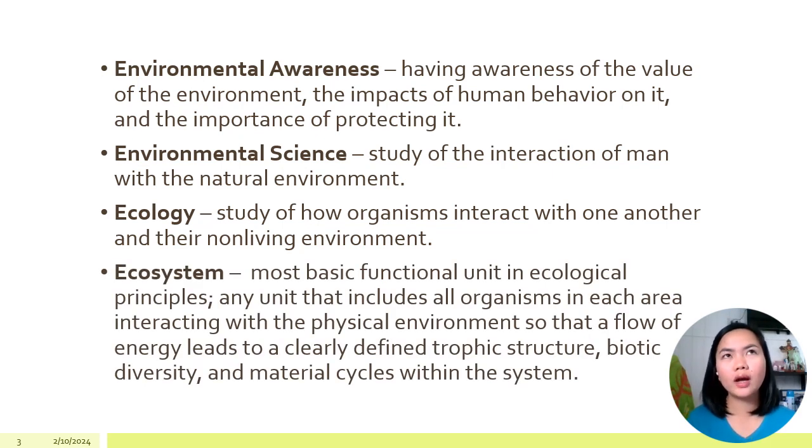In ecology, there is what we call the most basic functional unit in ecological principles. The ecosystem can be defined as any unit that includes all organisms in an area interacting with the physical environment so that a flow of energy leads to a clearly defined trophic structure, biotic diversity, and material cycles within the system.